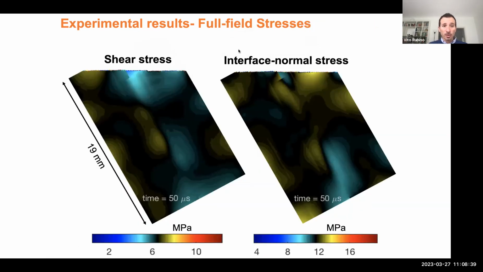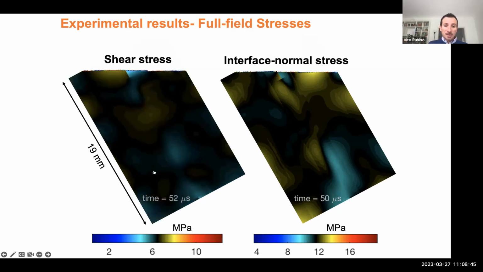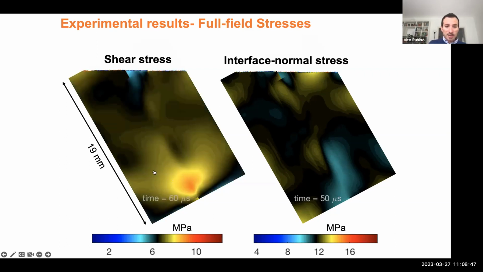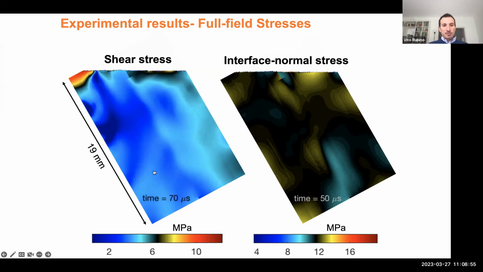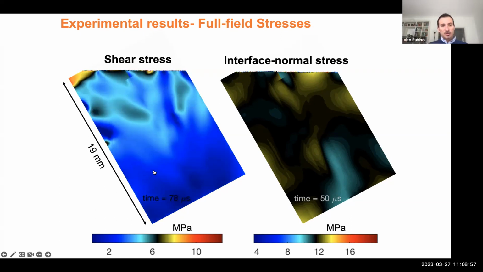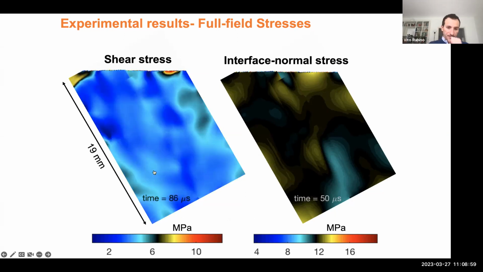So the idea is to follow now the shear stress, with scale here in MPa. You can see that as the shear stress comes from the bottom, it's nearly symmetric as would be expected in the bulk. And then it reaches the free surface, and then there is a pronounced reduction in shear stress.